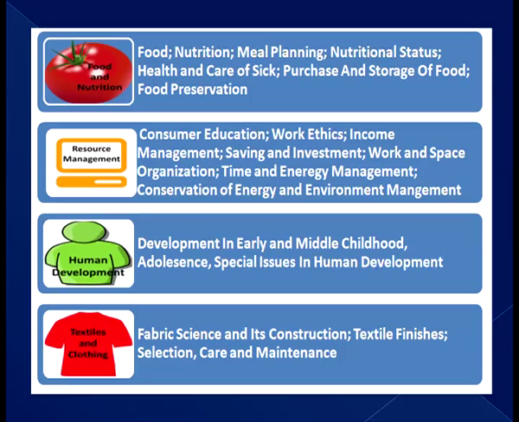Third is human development. There we are learning the development of an infant through various stages of life. It may be early childhood, middle childhood. When we are talking about early childhood, we say from infancy to 5 to 6 years.